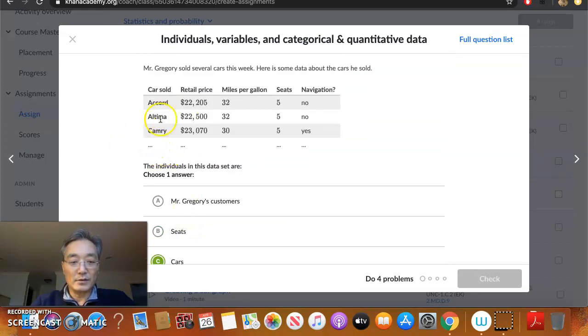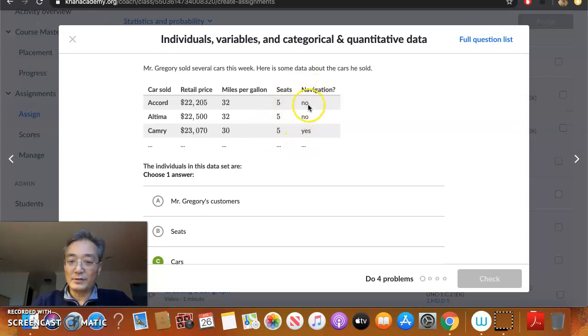Well, retail price, definitely, that's quantitative. Miles per gallon, absolutely. Number of seats, again, that can be any number. It could be 1, 2, 3, 4, 5.